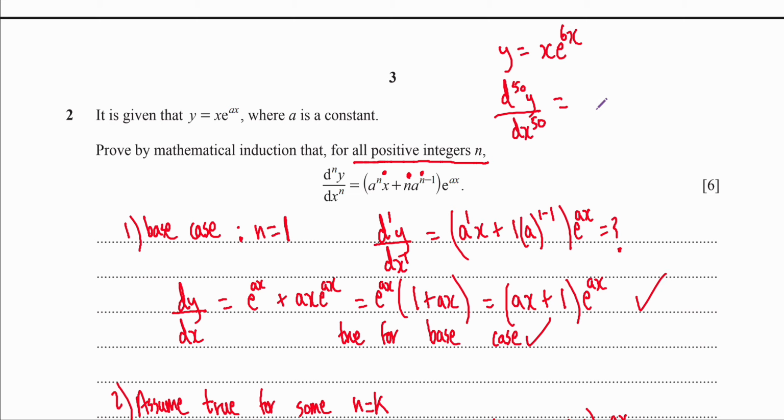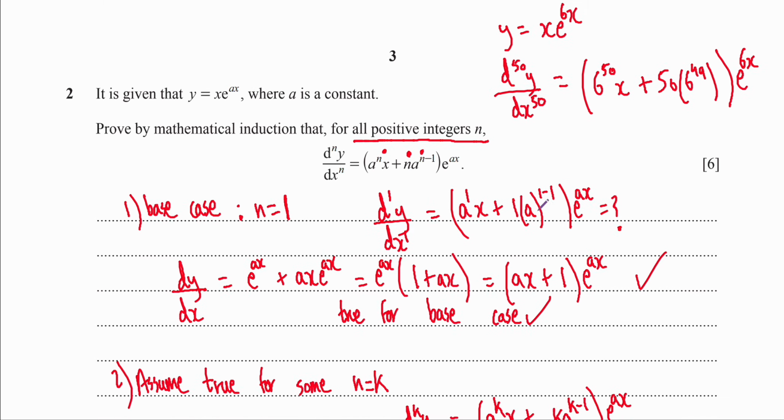So we have 6 to the power 50 times x. That's going to be a big number, and that makes sense, because we're taking the 50th derivative, plus 50 times 6 to the power 49 times e to the power 6x. And that's it. That's the 50th derivative of x e to the ax.